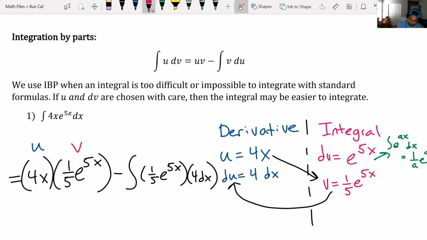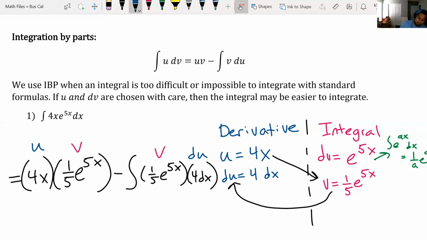And again, this was v, and this was du. We're just following the formula, that's it.